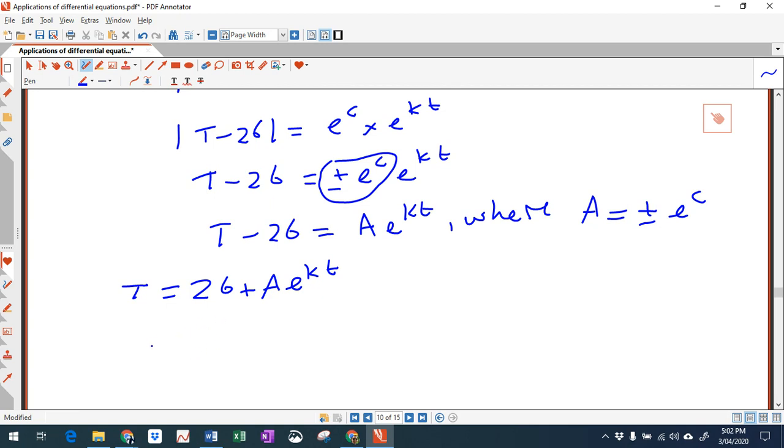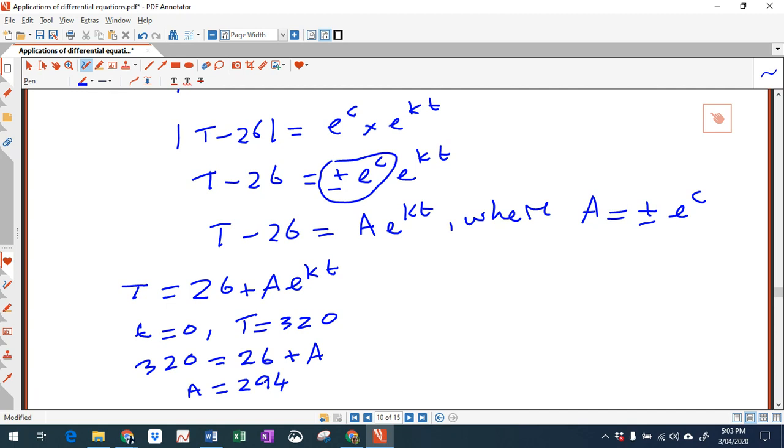So we've got some initial conditions here, and the initial conditions are t equals 0 and capital T is 320. So I can say 320 is equal to 26 plus A. Right, so A is 294.